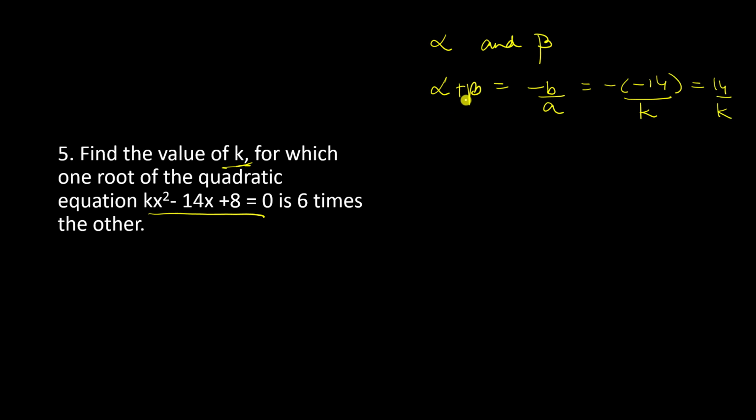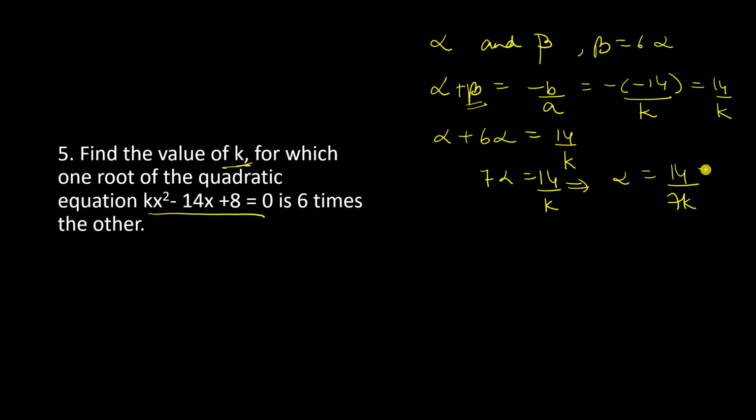Now, it is given that beta is the same as 6 times the other root. We could say over here that beta is 6 times alpha. That means that alpha plus 6 alpha is this 14 by k, or 7 alpha is equal to 14 by k. We can also say here that alpha is the same as 14 by 7k, or 2 by k.